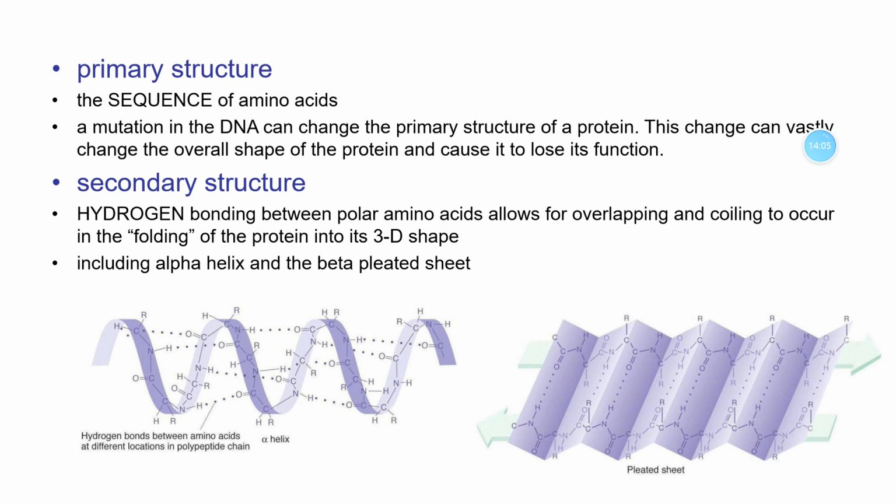It refers to hydrogen bonding between polar amino acids, and it includes the alpha helix and the beta pleated sheet. As their names suggest, the alpha helix is a helix, and the beta sheet is a parallel structure.